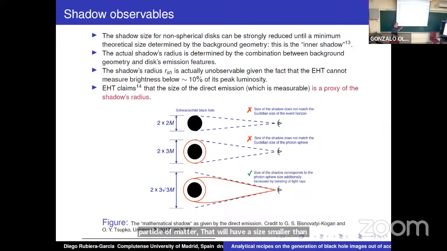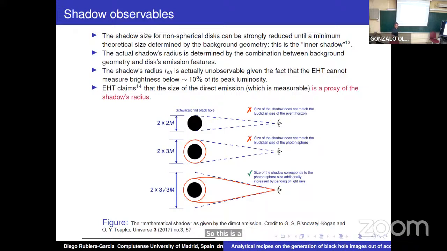That's the closest photon you can see near the event horizon. So this is a minimum bound for the size of the shadow, called the inner shadow. In the case of Schwarzschild, I think it's 2.9, something like that, 2.9 M, compared with this number, which is 5.19. So this is a strong reduction. So this is a mathematical shadow, but the actual shadow can be reduced much further, until the inner shadow, which is a maximum theoretical limit.